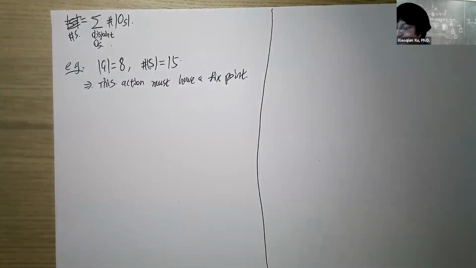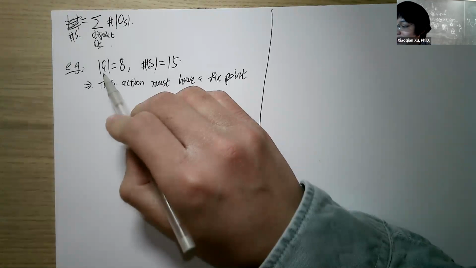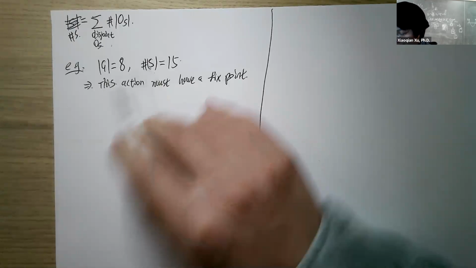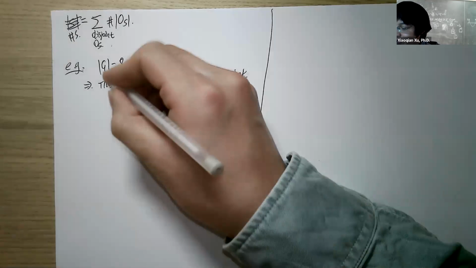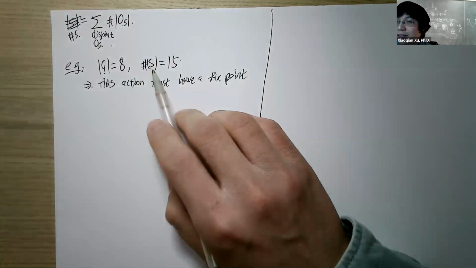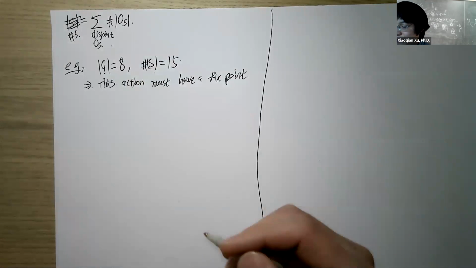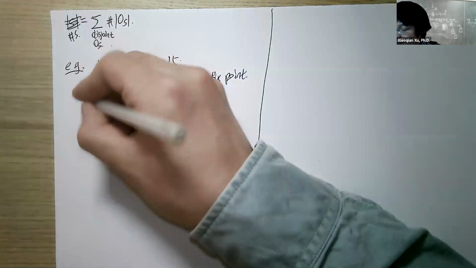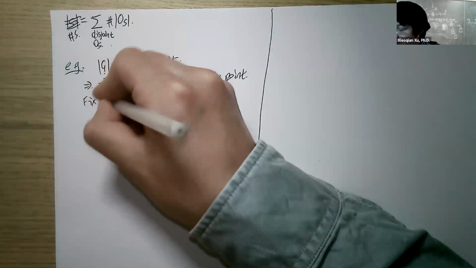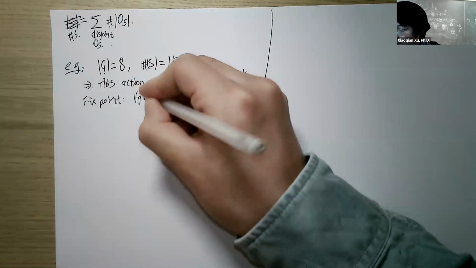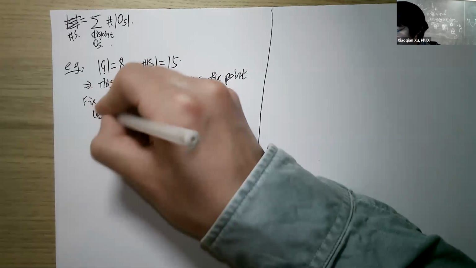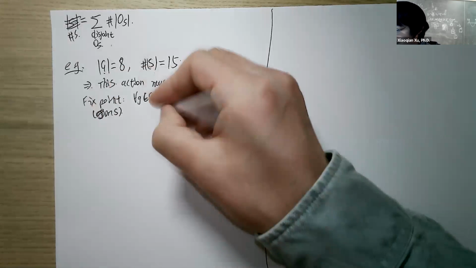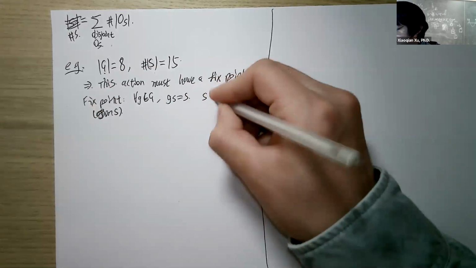A fixed point means any element of G acting on this element in S doesn't change it. We call S a fixed point.